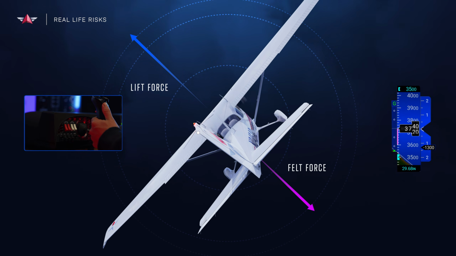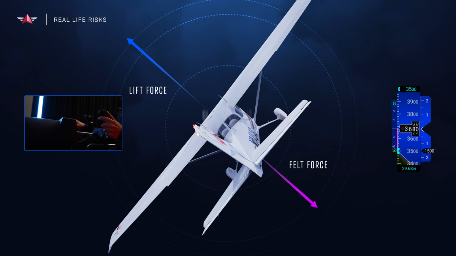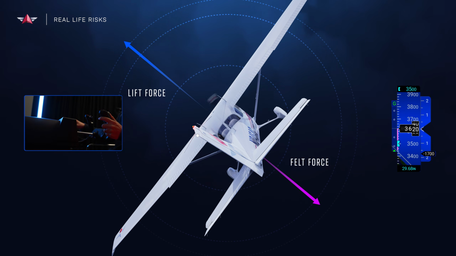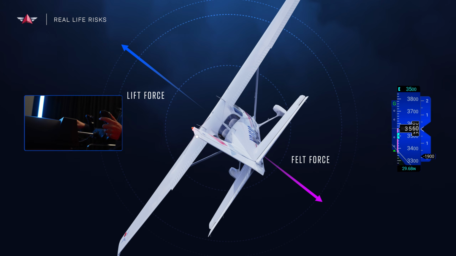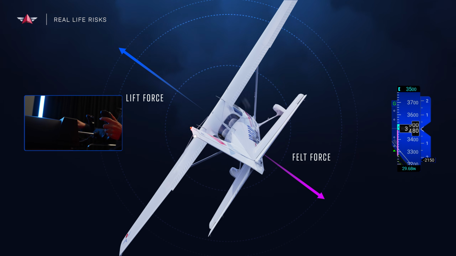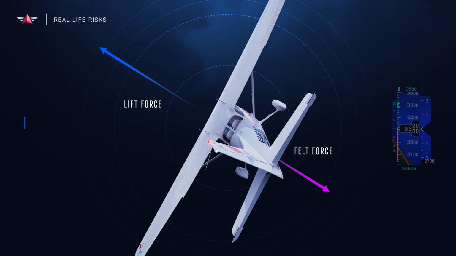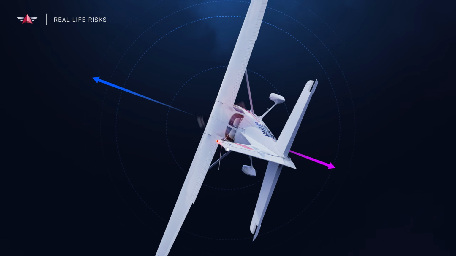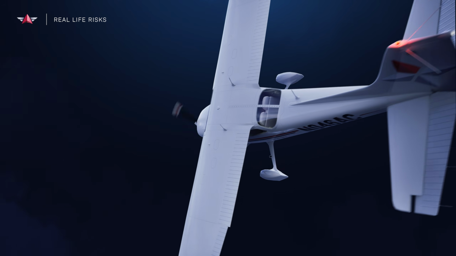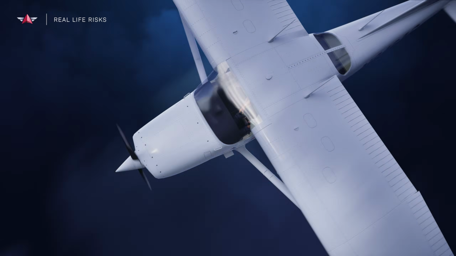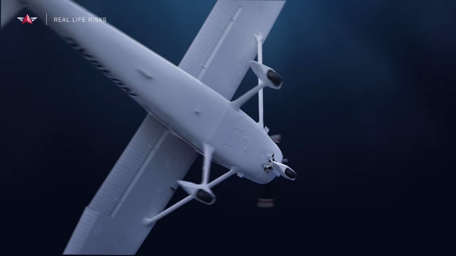The pilot, still only feeling the downwards G-force and now seeing an increasing negative vertical speed, believes they need to pull even more on the yoke. Soon, lift acts mostly in the horizontal and a steep spiral occurs. Unless the pilot regains spatial orientation and realizes they're in a turn, the spiral may go out of control and result in the plane crashing.